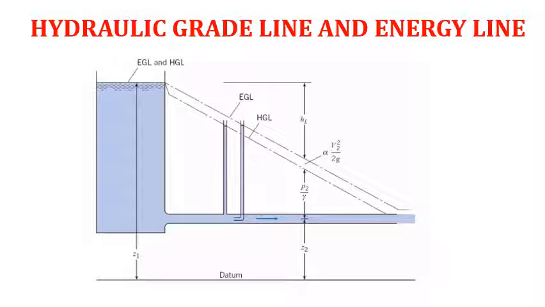So the hydraulic grid line actually represents the pressure head from the center of the pipe at any point. So it is P2 over gamma. And now the one thing to be noted over here, for the jet, as a jet is open to atmosphere, the pressure is atmospheric pressure.